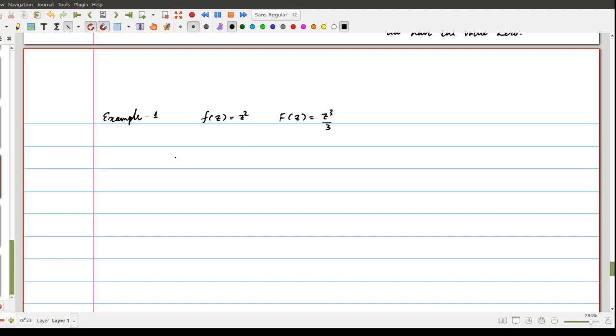Then we can easily evaluate the integral from 0 to 1 plus i along any contour of z square dz, equal to z cube divided by 3, because the value can be obtained using the antiderivative from 0 to 1 plus i.